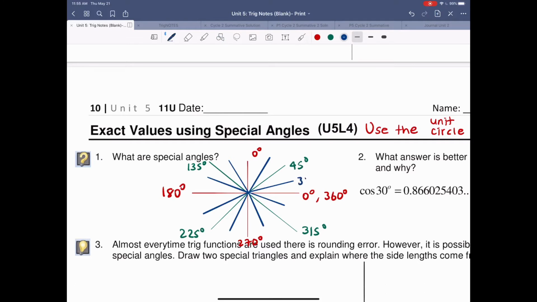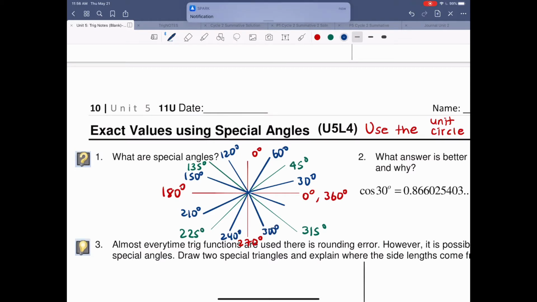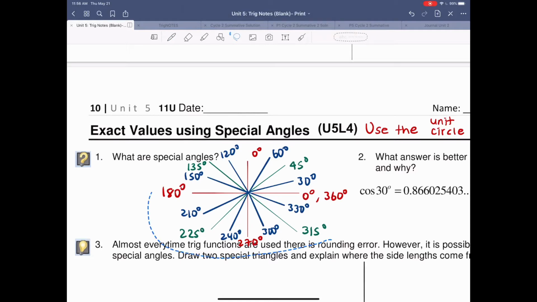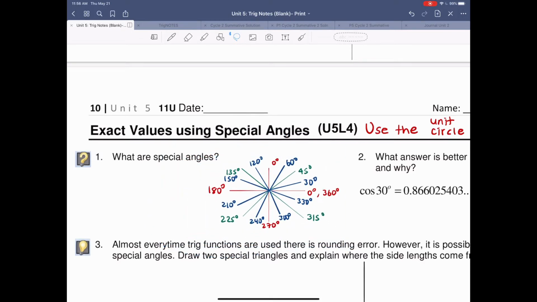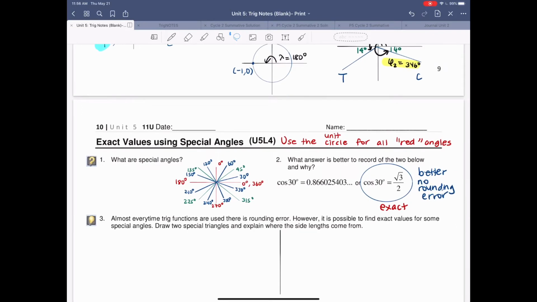I have 30 degrees, 60 degrees, 120 degrees, 150 degrees, 210 degrees, 240 degrees, 300 degrees, and 330 degrees. So there's quite a lot of corresponding angles when you have a related acute angle of 30 degrees or 60 degrees. For all of these lines that I've drawn, you are able to come up with the exact value of the trigonometric ratio.